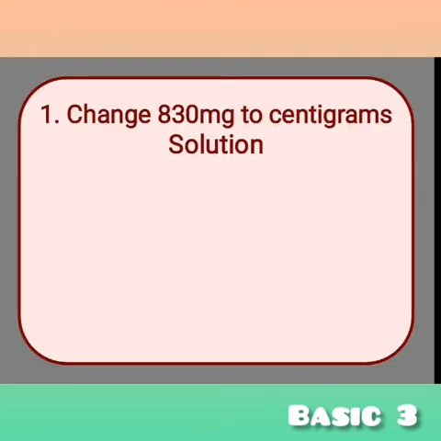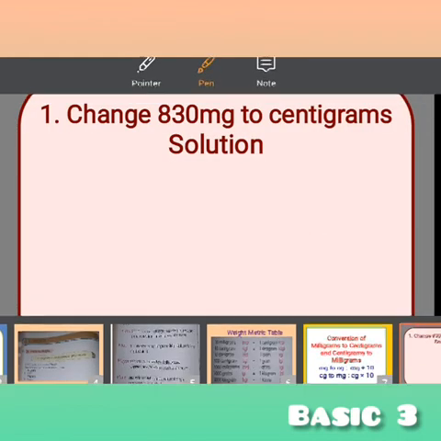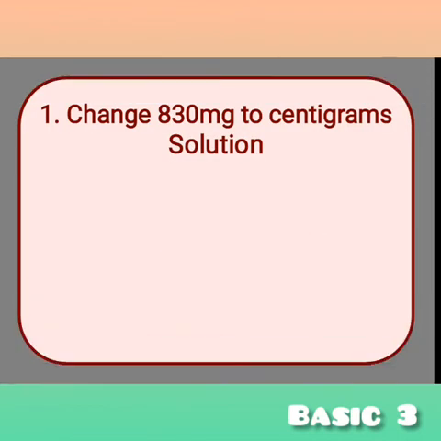Let's do an example here. Look at this question. It says change 830 milligrams to centigrams. When you're given milligrams to change to centigrams, you divide by 10, because we are looking for centigrams, always represented as cg.